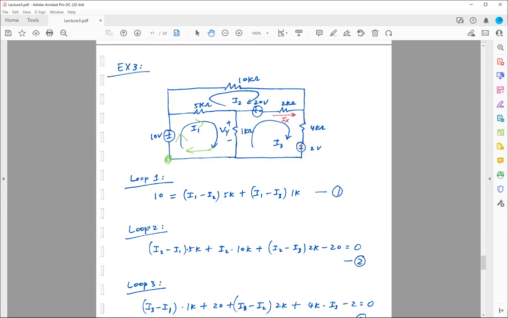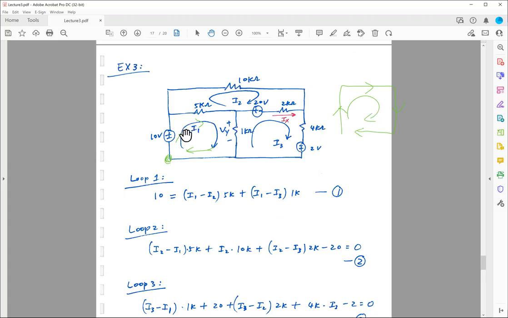But for now, it makes sense to do it this way. You make sure it is still going clockwise, but you draw it out this way such that you don't miss any element, as if you draw a circle like this.